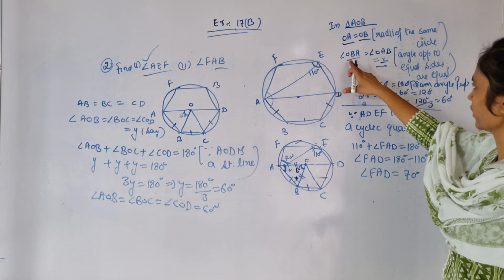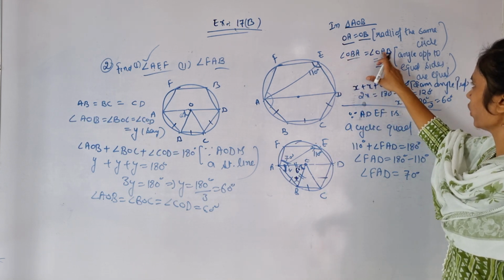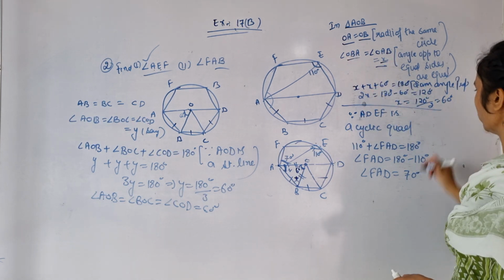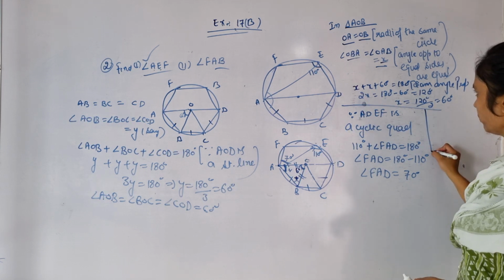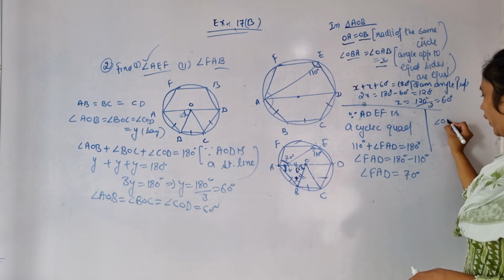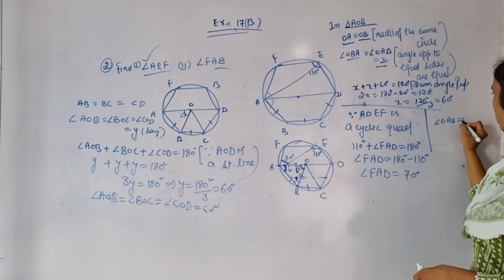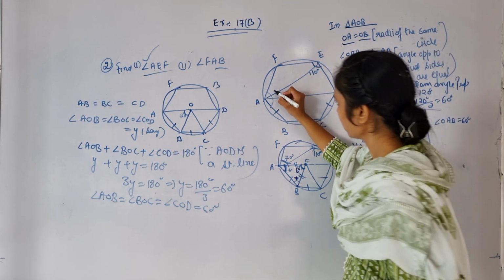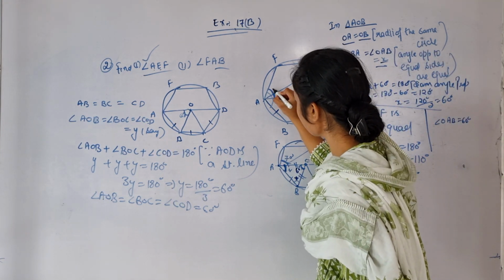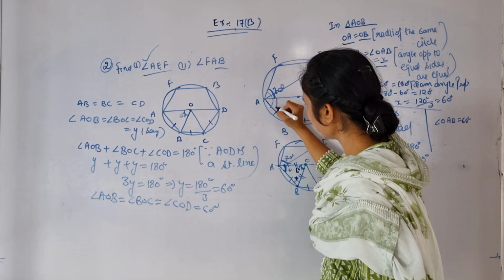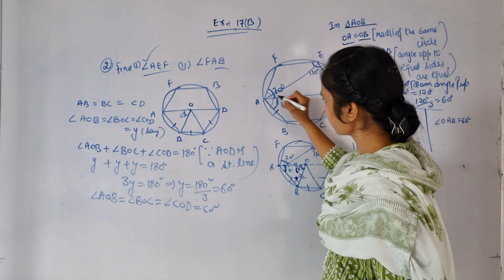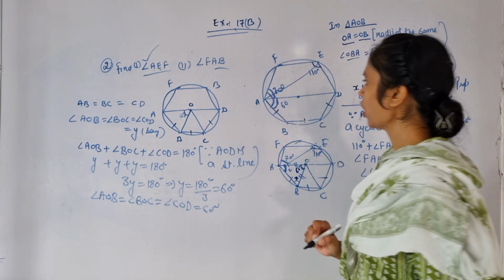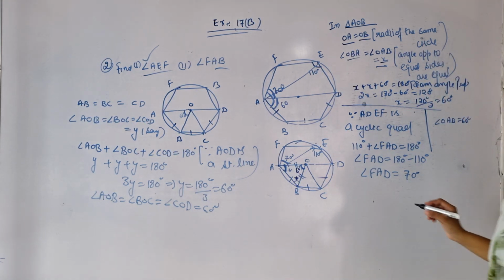Each of the angles OBA and OAB is equal to x, and x we have calculated as 60 degrees. That means angle OAB is also 60 degrees. This angle we have calculated as 70 degrees, and this we have calculated as 60 degrees. This full angle will be 130 degrees.